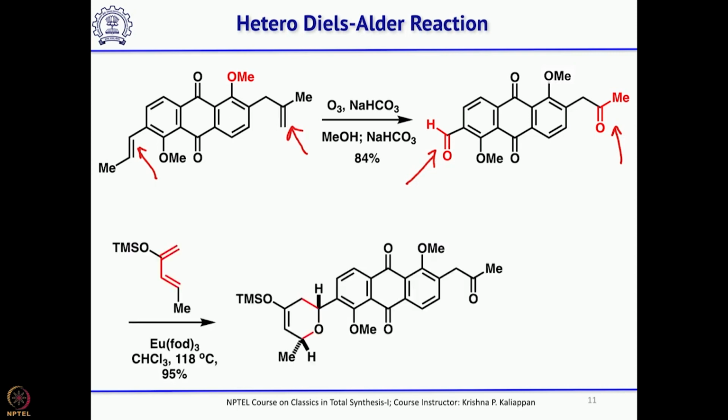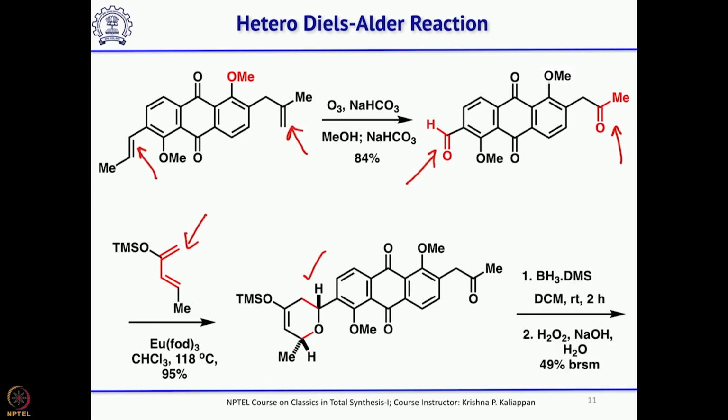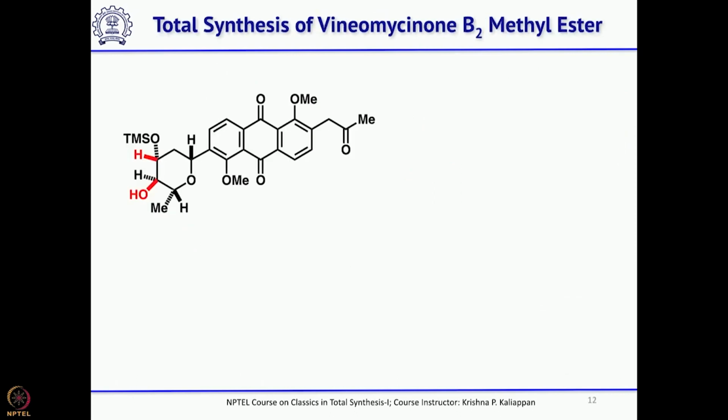So he carried out the hetero-Diels-Alder reaction with this diene, and he could get this dihydrofuran, which upon hydroboration, followed by oxidation with hydrogen peroxide and sodium hydroxide, gave the required diol. So now the diol is there.